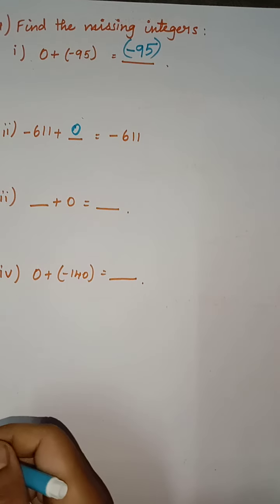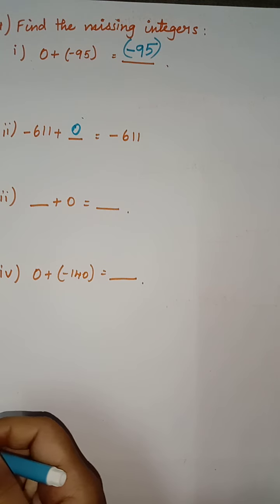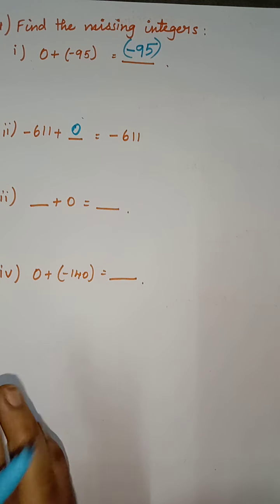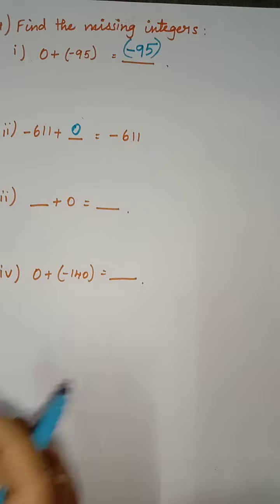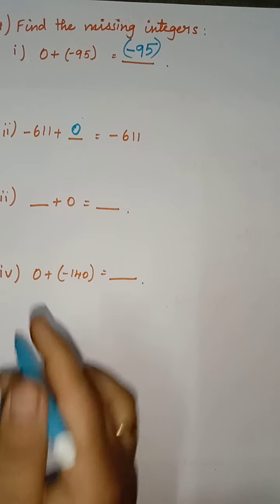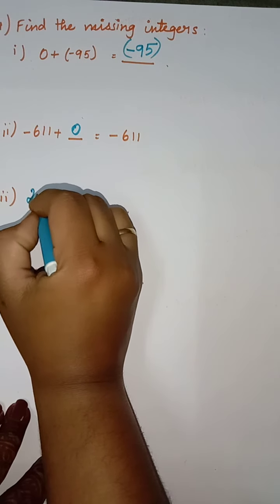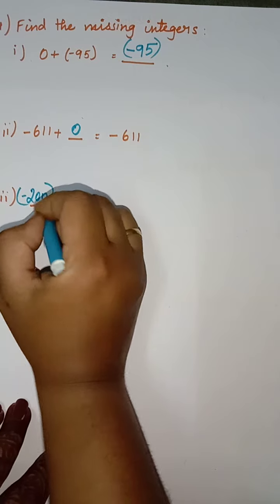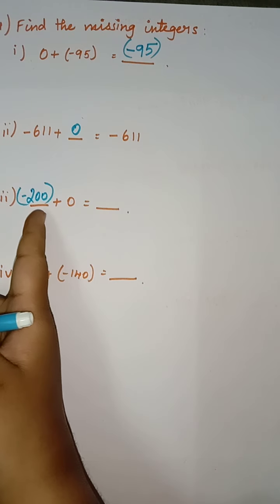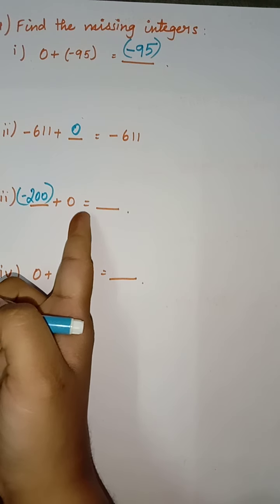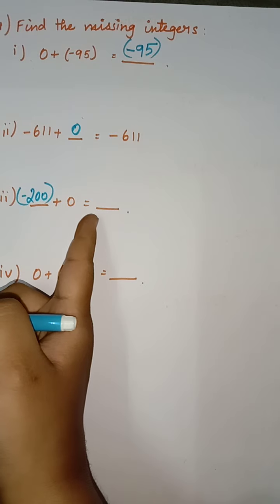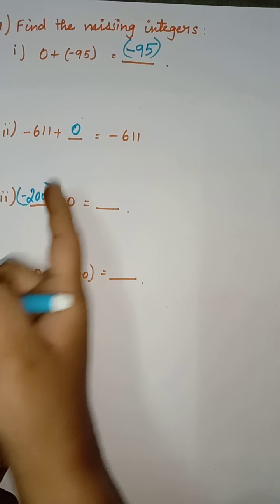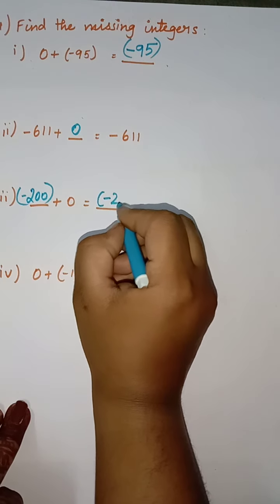The next thing is the third one. They didn't give any number. You can apply whatever number you want. I am going to give here minus 200, so here minus 200 plus 0. When you add anything with 0, you will get the same number. So that is minus 200.